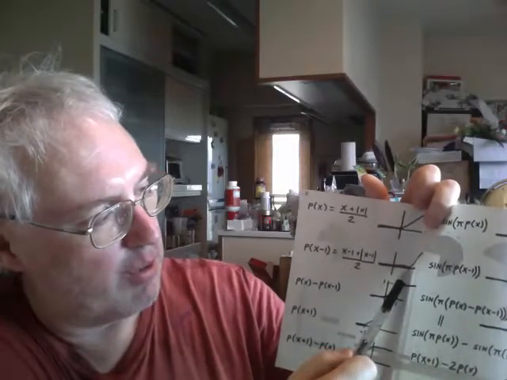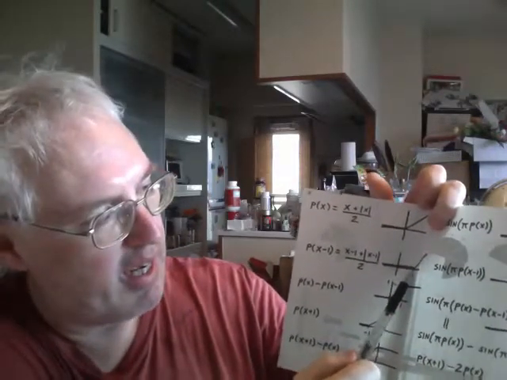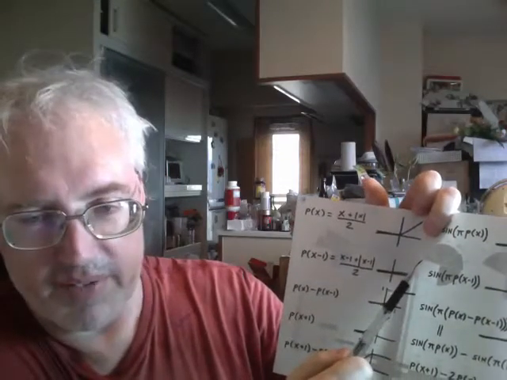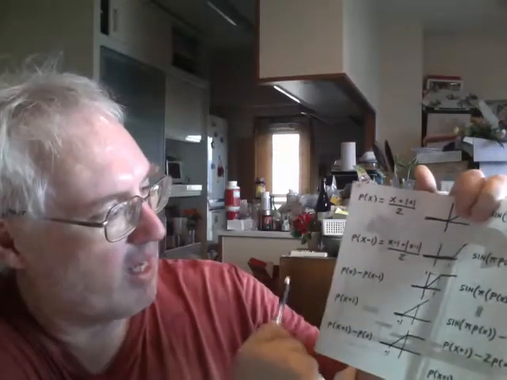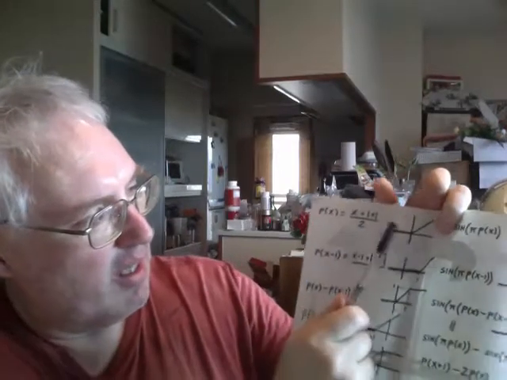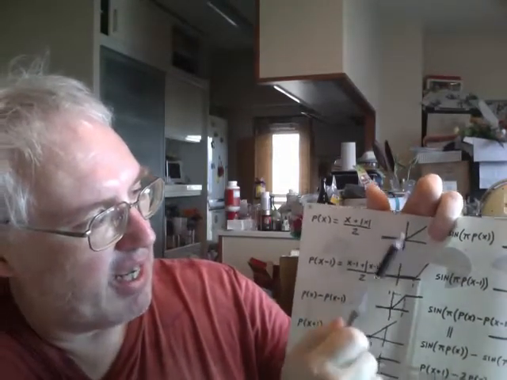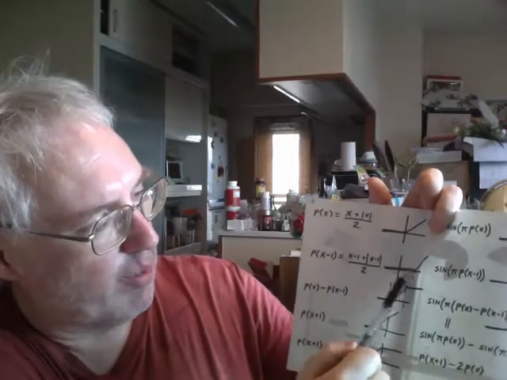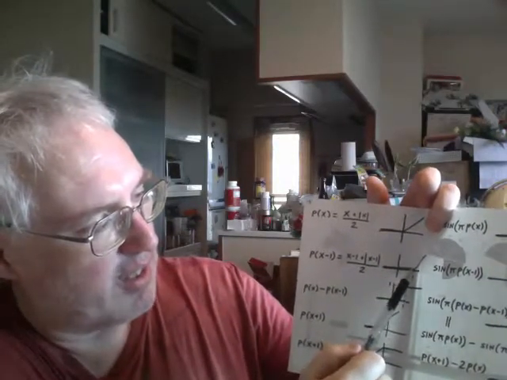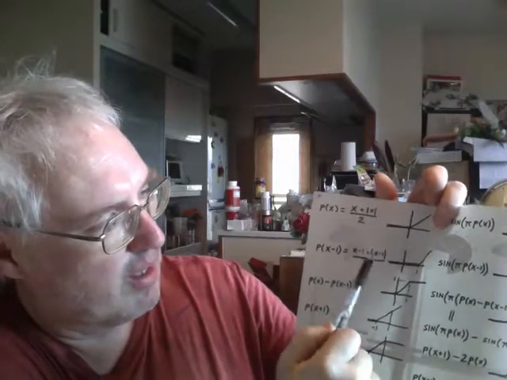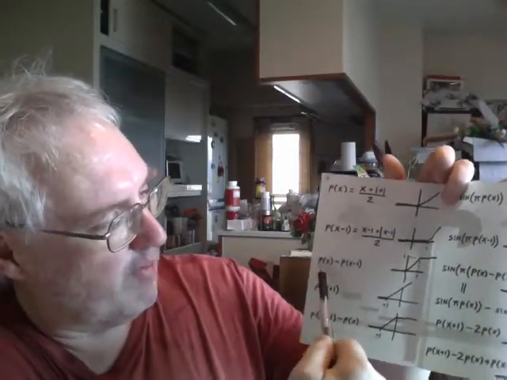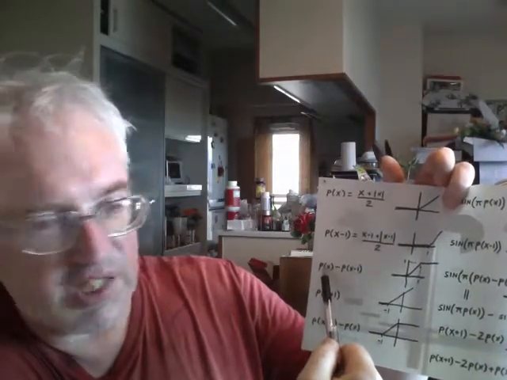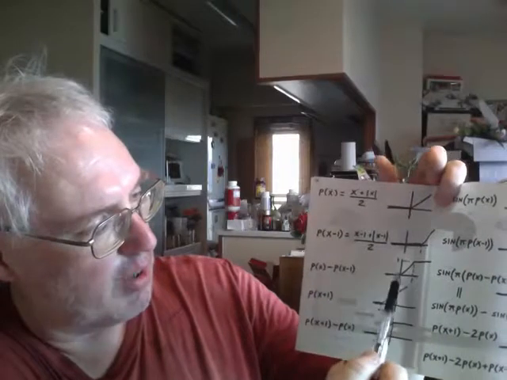So it stays 0 until you get to positive 1, and then it starts growing in a straight line at 45 degrees. Now, if we take this function and subtract this function, until we get to 1, this function is still 0. So if we subtract this function from p of x, it's not going to change anything because this part is still 0.